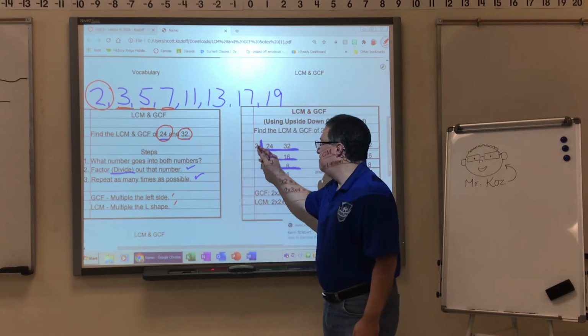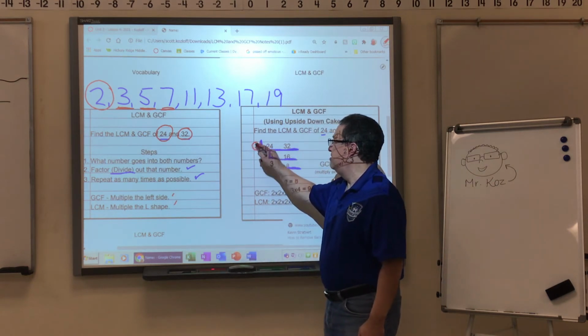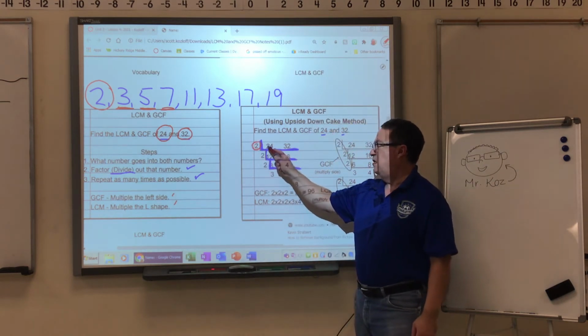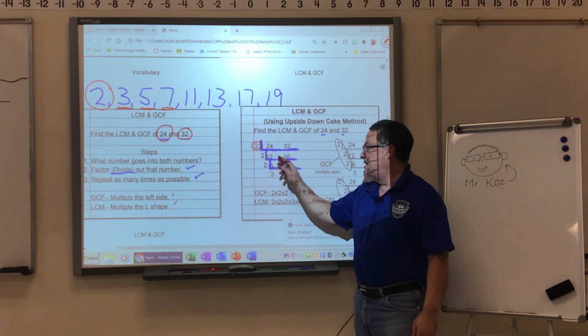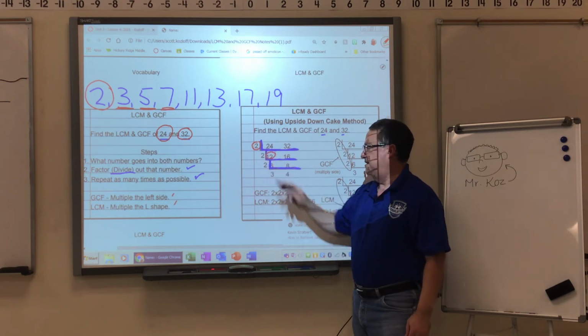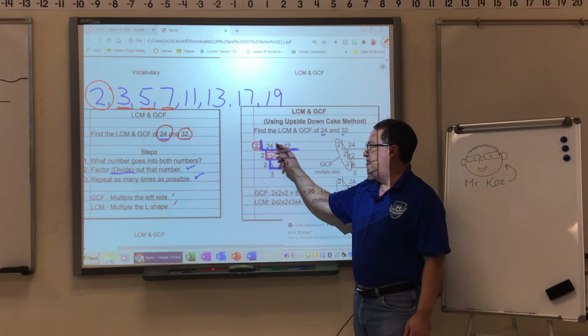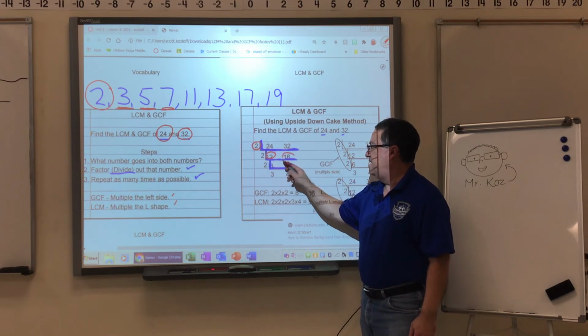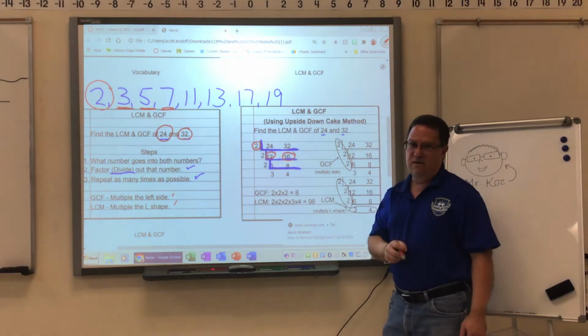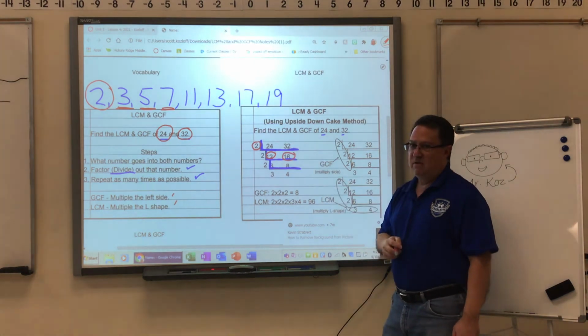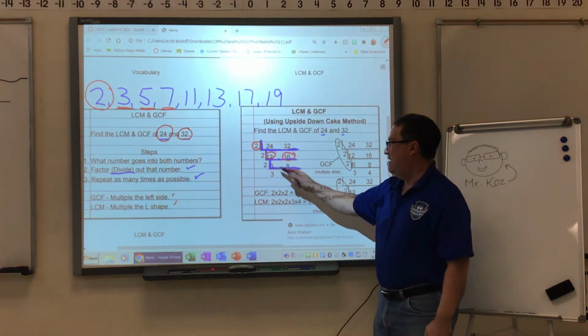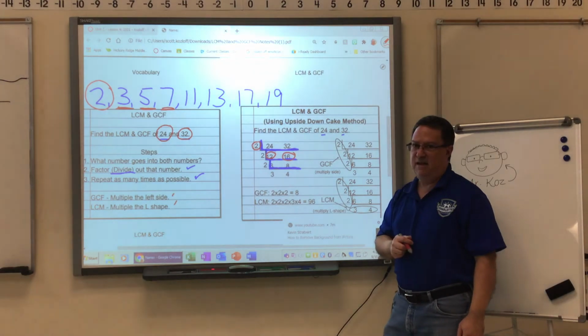And I'm going to factor out the number 2. So I'm going to take 24 divided by 2, and I'm going to write that next. And then I'm going to take 32 divided by 2, and I'm going to write that under both of those numbers. So the 2 numbers I have left are now 12 and 16.